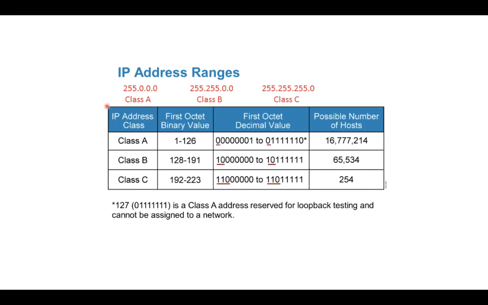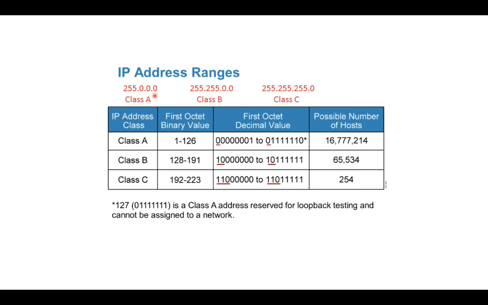Okay, a class A IP address has a default subnet mask of 255.0.0.0, and class B and class C are here. When you look at the class A subnet, you see 255 here. This represents our network part, and the zeros represent hosts. We will see this in more detail in the subnetting lessons.